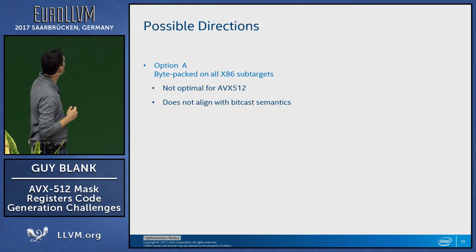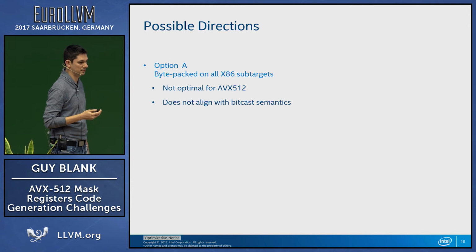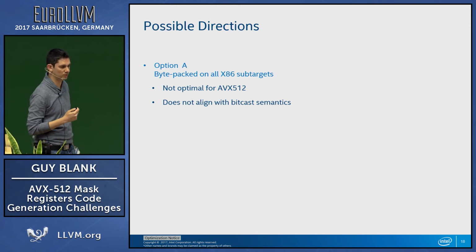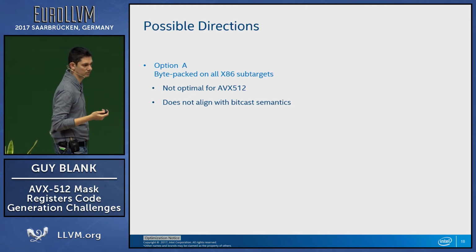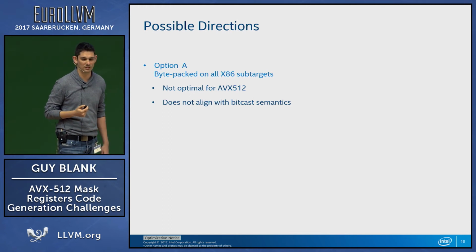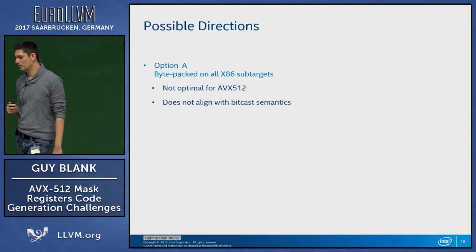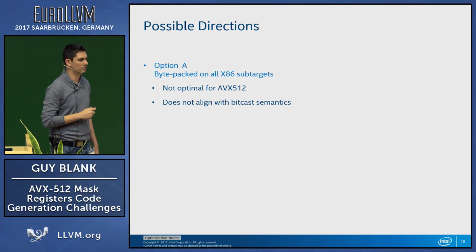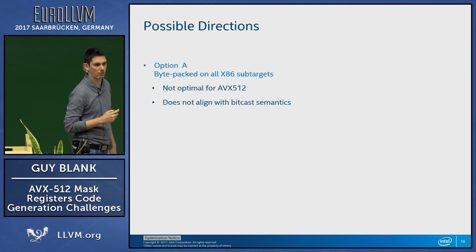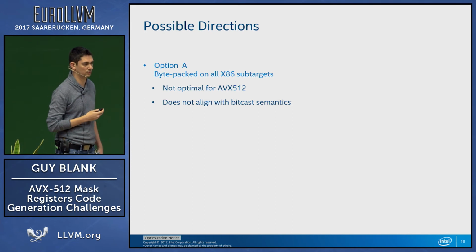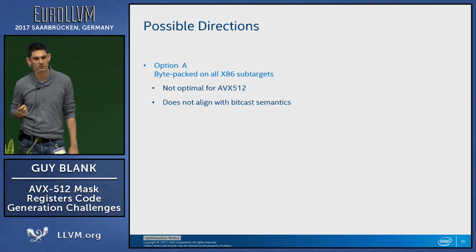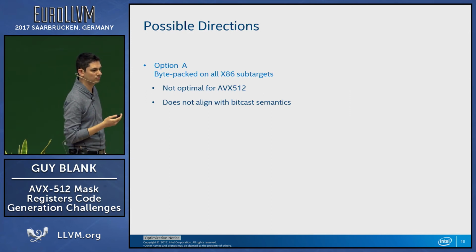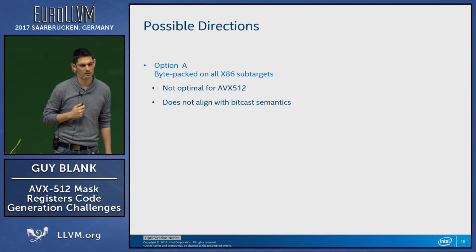Well, we can do byte packing on all subtargets in x86. And as we saw, it's not the best option for AVX512 because we have new instructions and we naturally want to use them. Also, it is not clear how it will align with bitcast semantics, because when bitcasting from an I1 vector to the equivalent integer type, you need to be able to store the vector into memory and load from the same address into the integer.